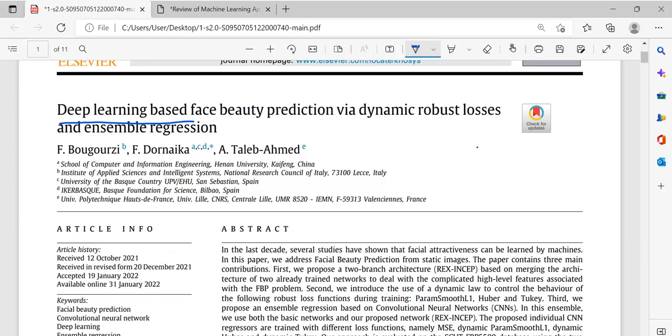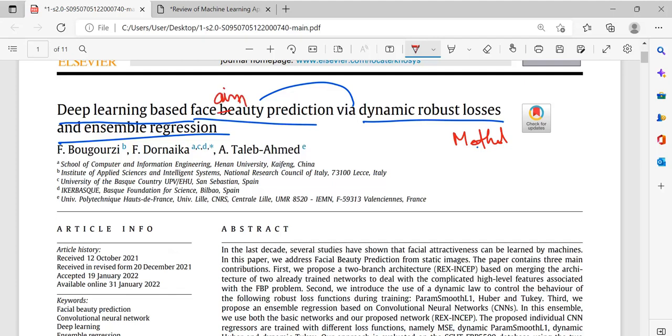What I can understand from this title is that they are using dynamic robust loss and ensemble regression to predict face beauty. So this is the method they are using, and their aim is face beauty prediction.